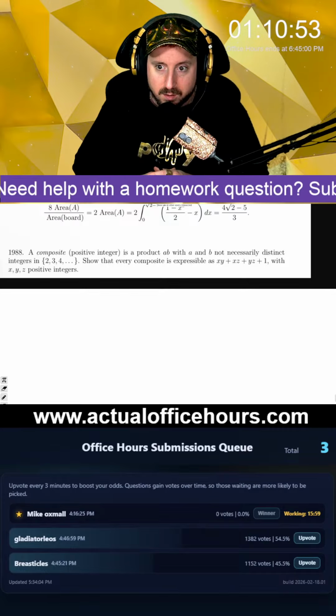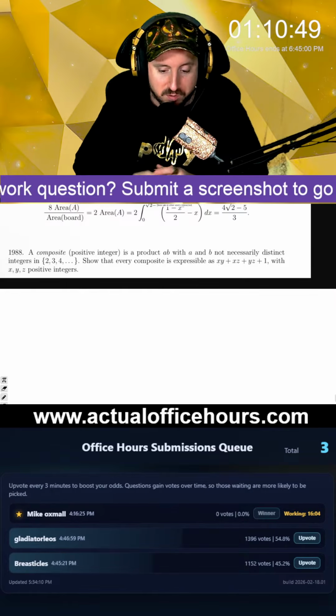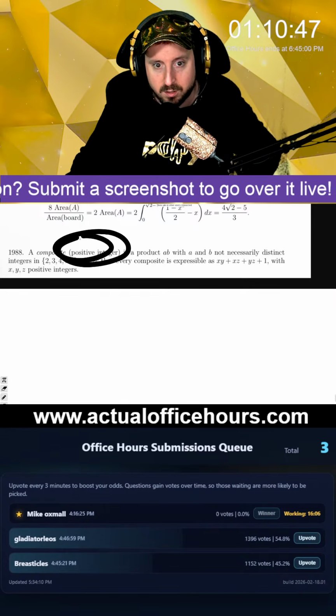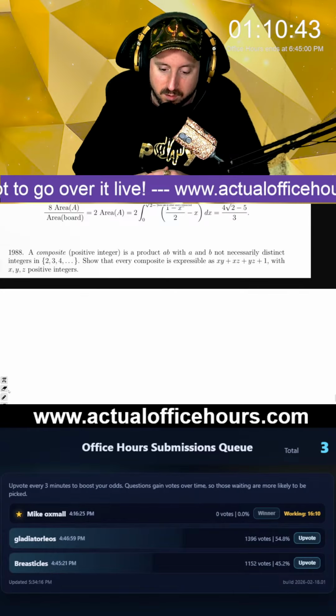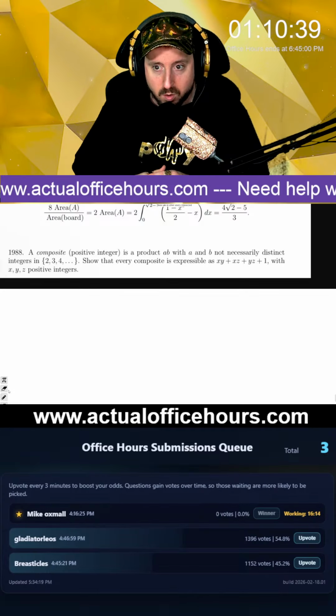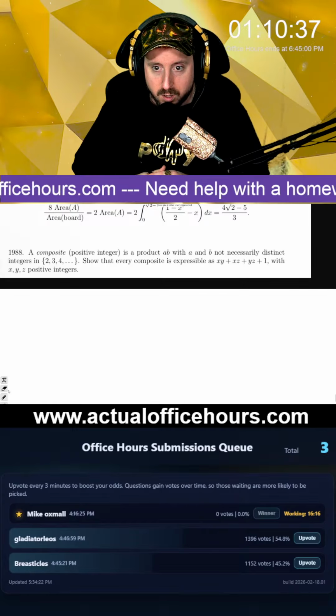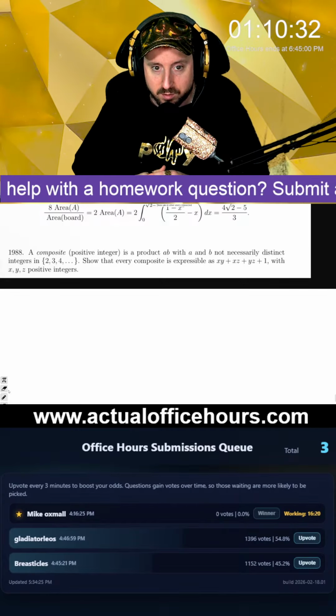Okay. A composite number is a... So, composite just means positive integer, I guess, yeah? So composite is just a number that isn't a prime. Oh, okay. Is a product AB with A and B, but not necessarily distinct integers.